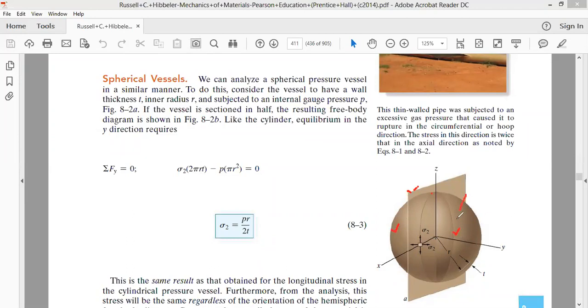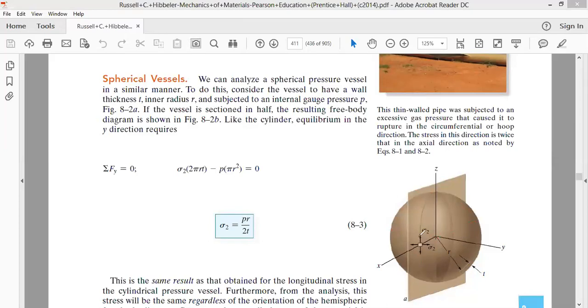Once you are filling this sphere with air, the right hand portion will try to cause motion in the left hand portion in this direction, and in response the left hand portion will try to cause motion in the right hand portion in this direction. So both these portions are exerting force on each other.